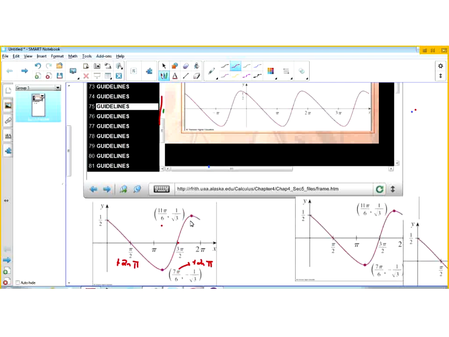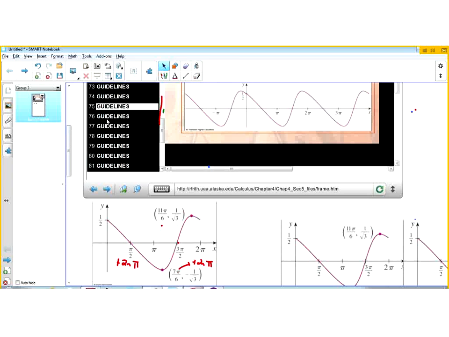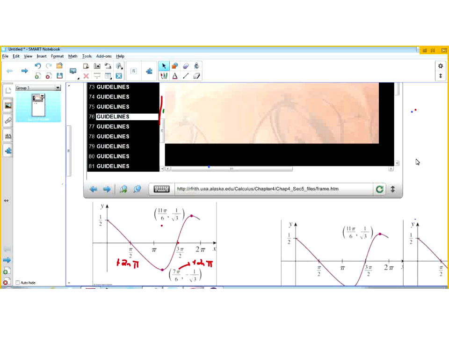So 1, 2, 3, 4. Add 2n pi to these points, and then you'll be set for how to cookie cut the thing along the x-axis. So not so bad. All right, so slide 76.